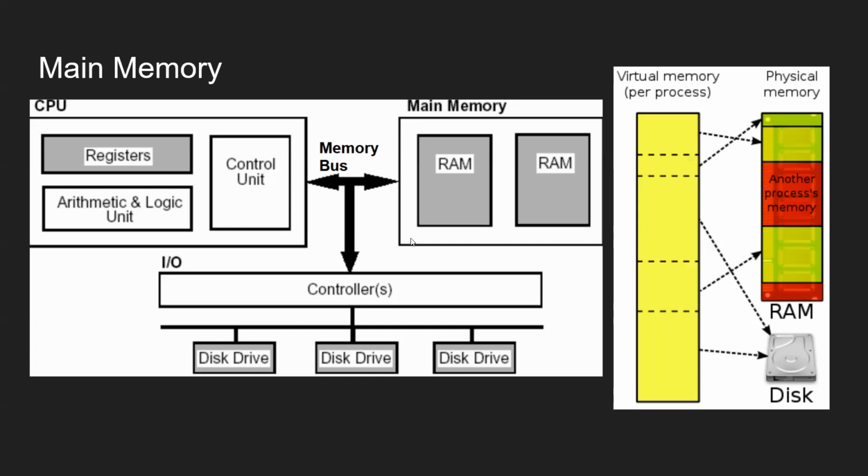On the right, you see a diagram of virtual memory. This is assumed to be memory for a single program. It's stored like this because numerically it goes from 0 to whatever the hexadecimal size of your memory is.